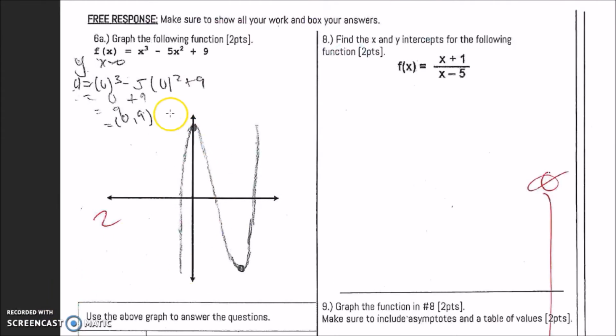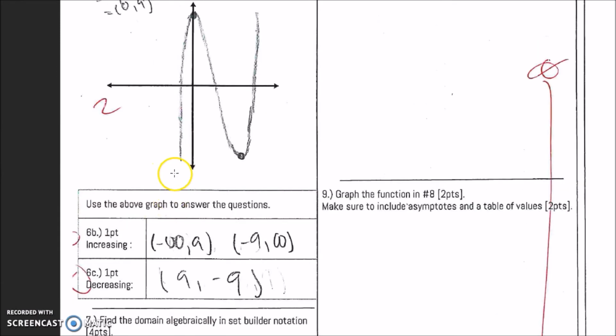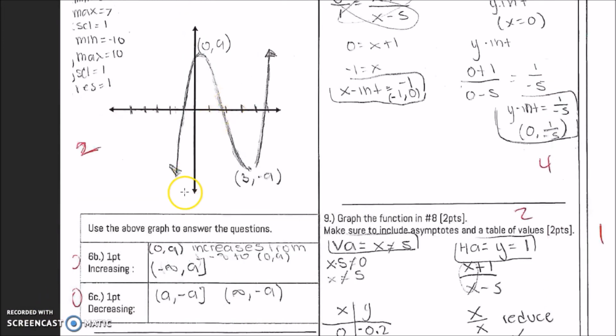Okay, here they drew a correct graph, but from the graph, they could have actually labeled their ordered pairs. And so here they wrote negative infinity is correct to 9. They wrote the y-axis. This should have been the x-axis, which should have been 0. Again, although your y values tell you how high it goes, this is the maximum.